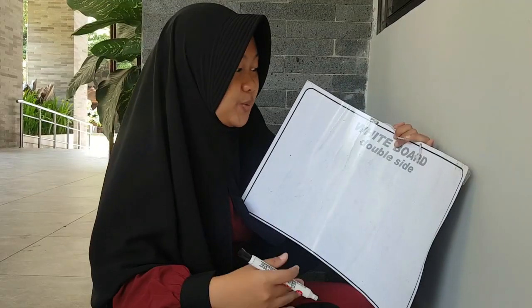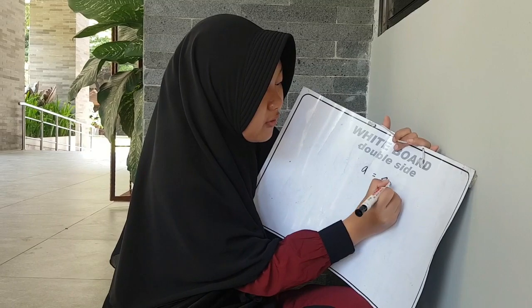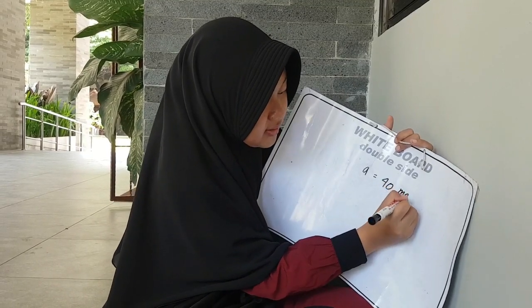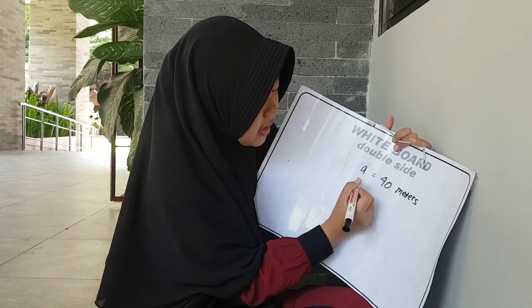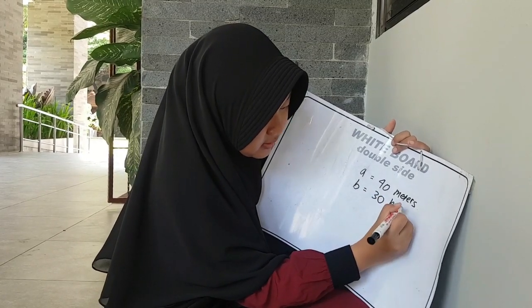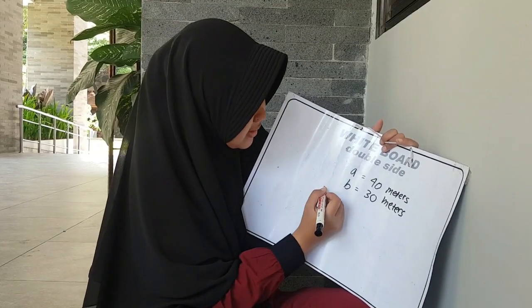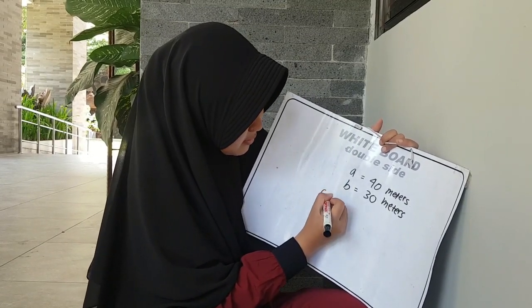The answer is, if A is 40 meters and B is 30 meters, we can use the Pythagorean theorem.